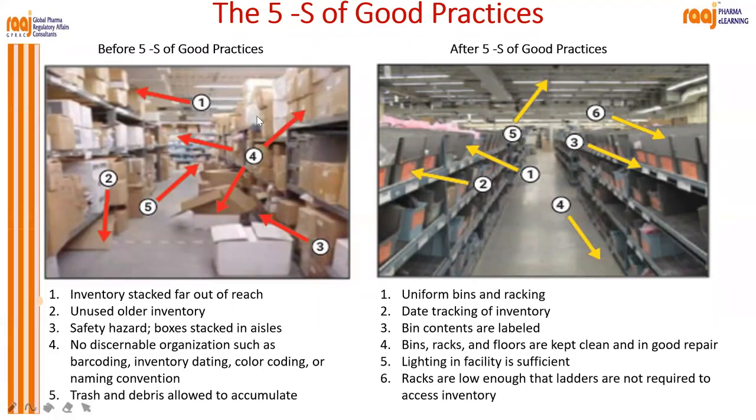And look at this. If I want to remove this box, how do I do it, I need a ladder. And even if I try to climb the ladder, there are so many hurdles, so many boxes already placed down. So this is the difference when we build 5S in your system and in your day-to-day life.